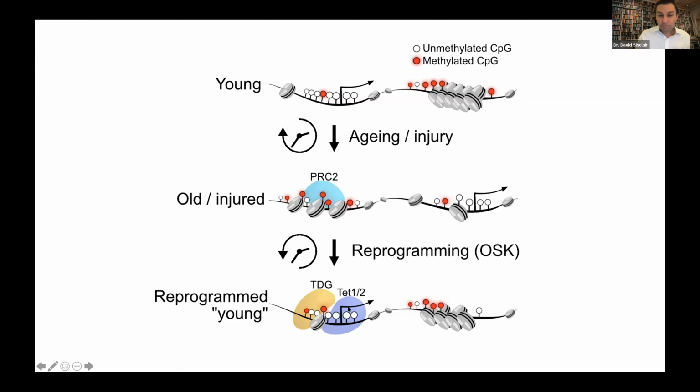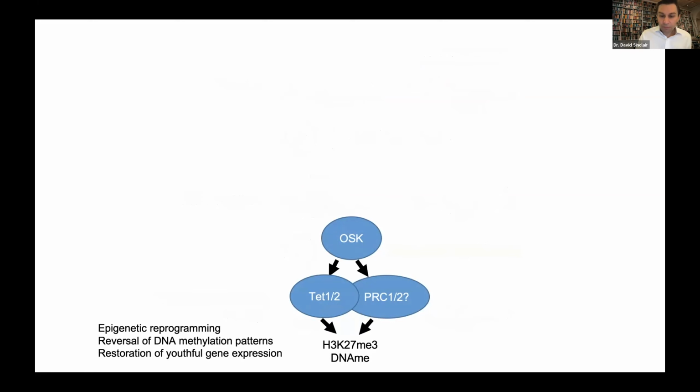And that if we don't have TET1 and TET2 or TDG, this process of reprogramming to be young again does not occur, demonstrating that they are necessary. And perhaps experiments show so far that they're not sufficient. So they're part of the system, they're part of the clockwork of resetting the age of complex tissues to make them functional again. So this is the model.